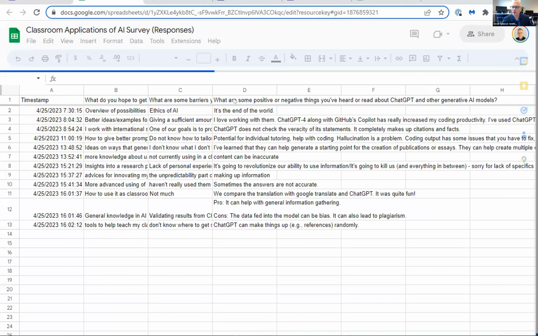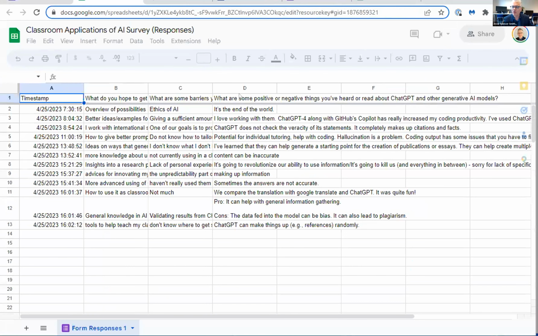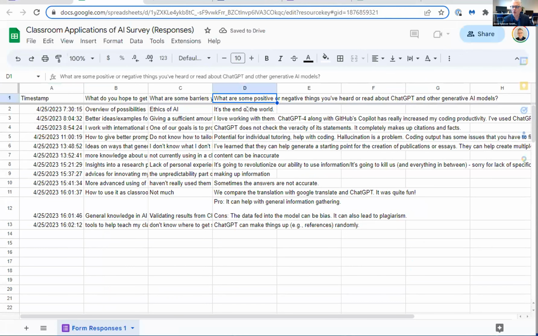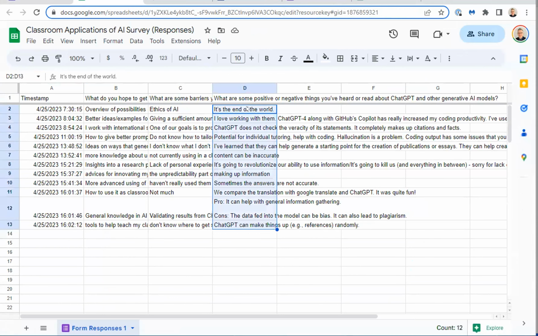So what I'm going to do is export all of your responses. The question was, what are some positive or negative things that you've heard about generative AI models? I'm going to copy all of this down, so now I have a copy of it all.